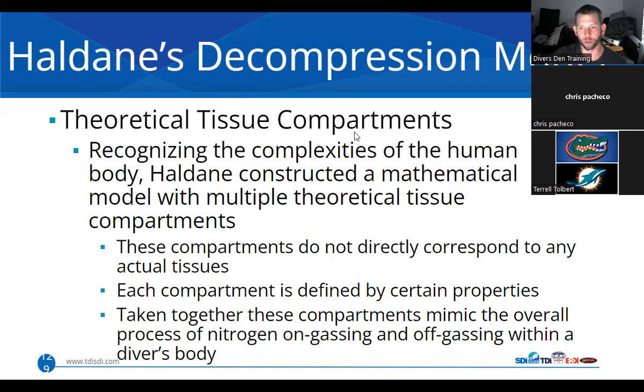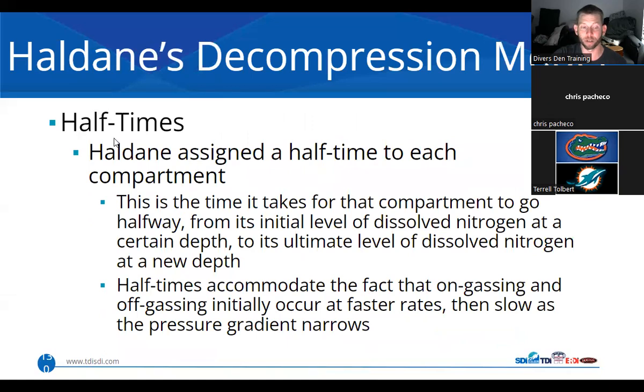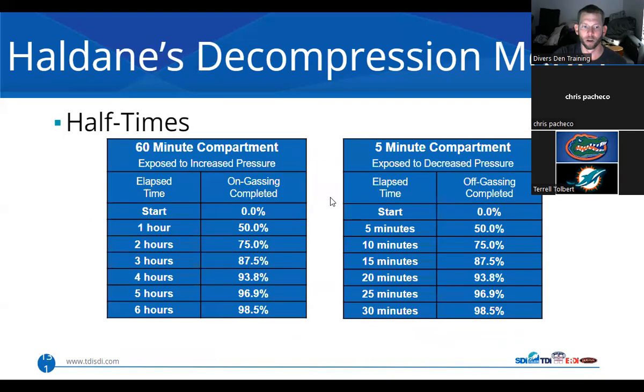So this goes into the decompression models. What you guys need: half times. I'm going to talk a lot more about this in physiology, right? But there are different compartments of tissues. A lot of computers will model your decompression time limits based upon the number of compartments your body has.